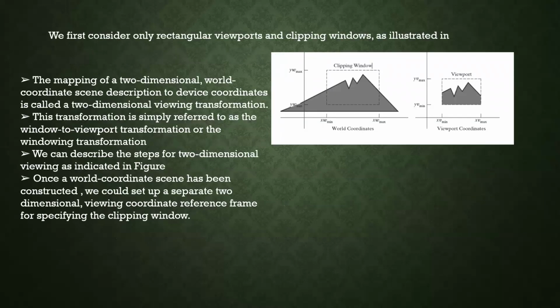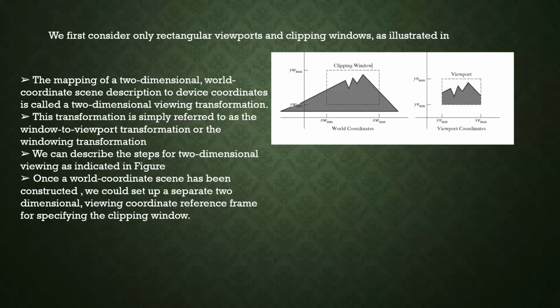So next, we first consider rectangular viewports and clipping windows as illustrated. The mapping of a two-dimensional world coordinate scene description to device coordinates is called a two-dimensional viewing transformation. This transformation is simply referred to as the window to viewport transformation or the windowing transformation.